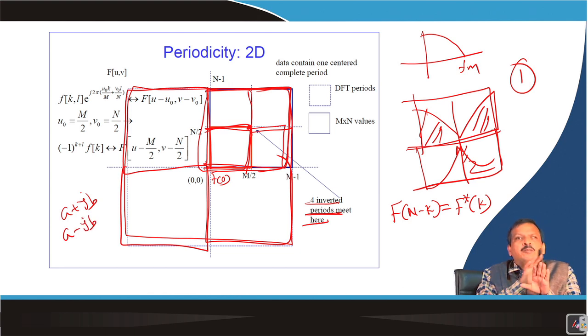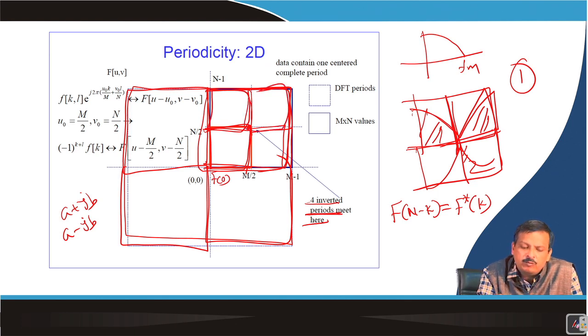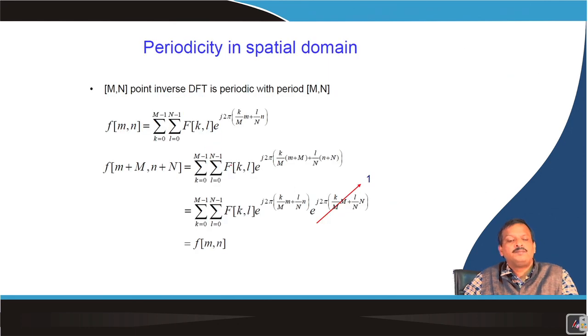So, I know from the DFT symmetry property that if it is one dimensional, I know the symmetry here. If it is 2 dimensional, I get 4 coordinates, M by 2, 4 values. So, calculate it for an image, see what you are getting, and then try to explain it.